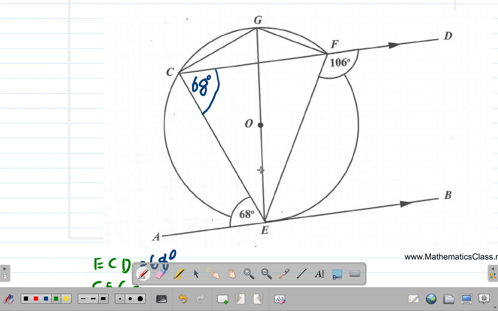Basically, they want this angle, CEG. First of all, what is this angle, angle AEG? How much is it?